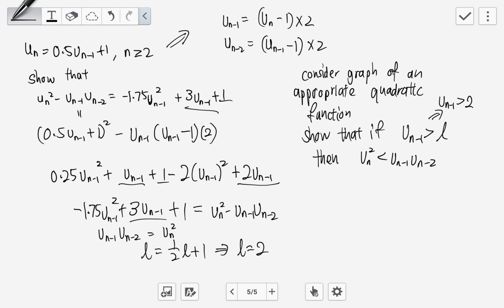So I will still have a u_n square, and that's the issue, right? Oh yeah, no, that's not what it means.